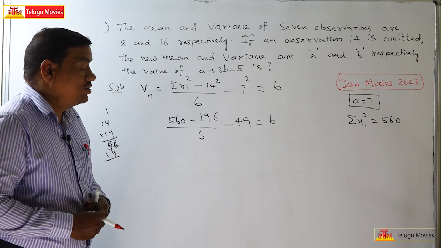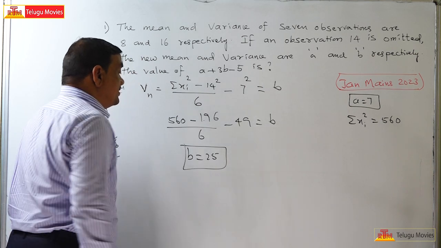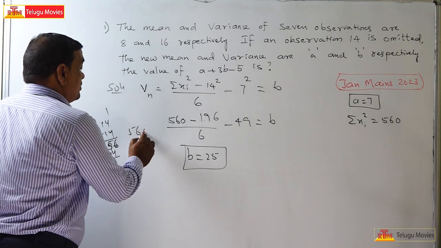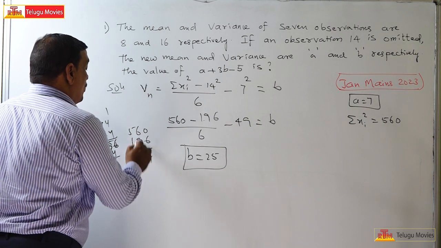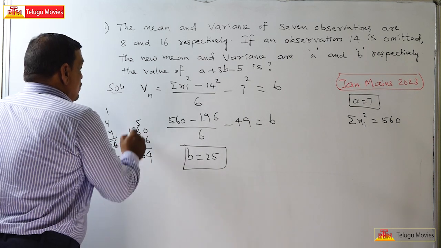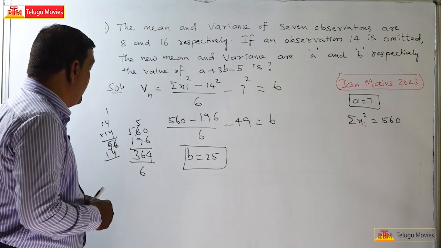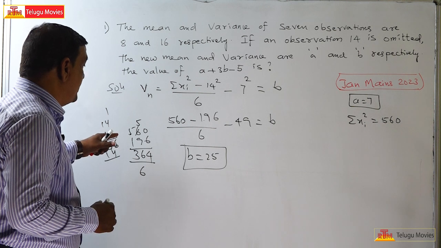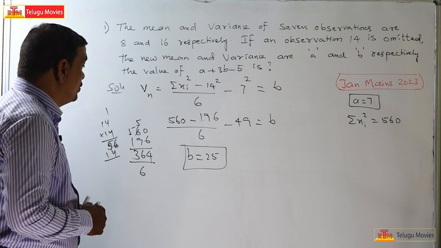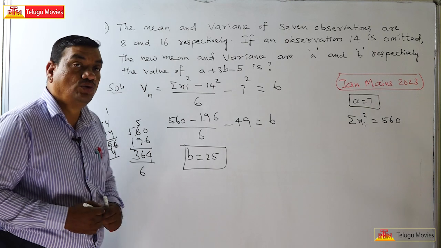You calculate. 560 minus 196 is 364. 364 by 6, you divide it, and you subtract 49. You will get B is equal to 25.